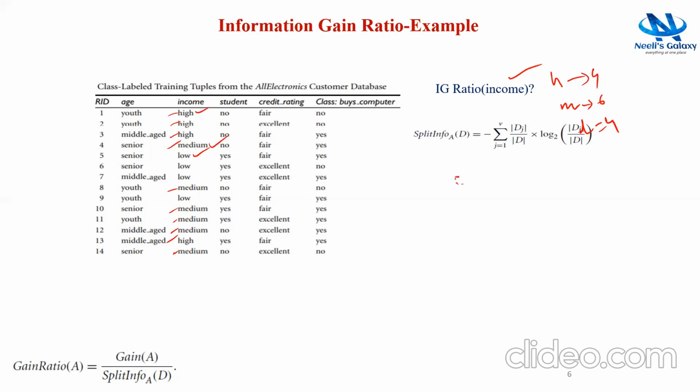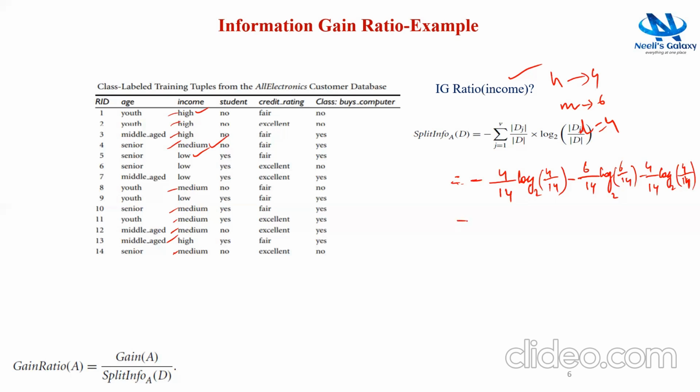That is equal to minus, the total number of tuples in the database is 14, and out of 14, the number of tuples with income equal to high is 4, times log base 2 of 4/14, minus, again out of 14, 6 tuples are with income equal to medium, times log base 2 of 6/14, minus, again there are 4 tuples with income equal to low out of 14, log base 2 of 4/14.